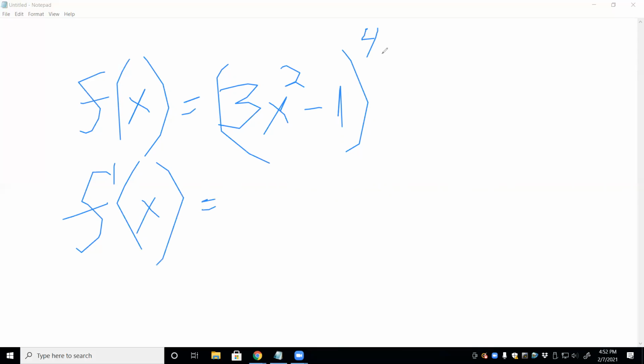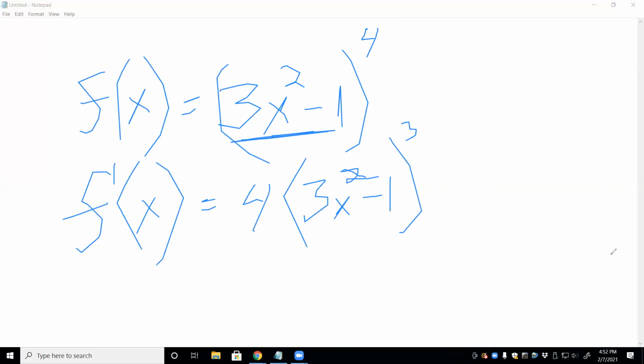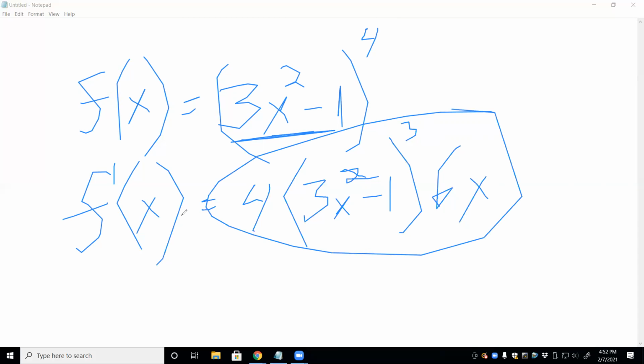You take the derivative of the outside and you multiply it by the derivative of the inside. Well, the outside would be 4 times 3x squared minus 1 to the third power. And the derivative of the inside is just 6x. That's the answer. Oh, okay. So the chain rule is basically fairly easy.